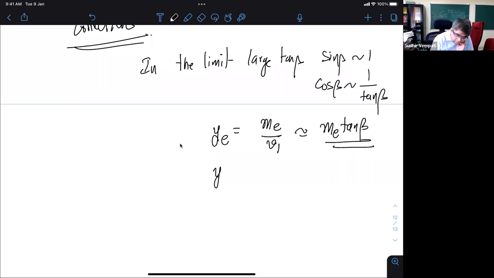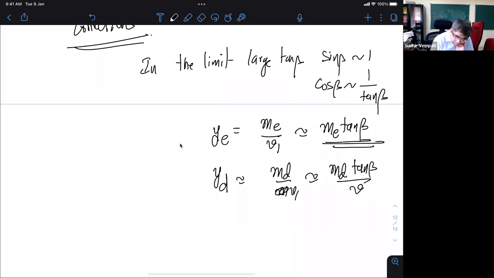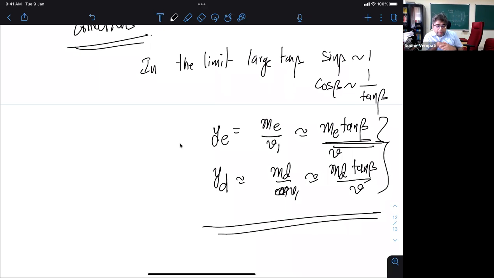YE and YD go as MD by V1, up to a factor of root 2, so MD by tan beta. So in the limit of large tan beta, the Yukawa couplings YE and YD increase by tan beta. That is the typical notation: large tan beta requires the down type Yukawa couplings to increase.